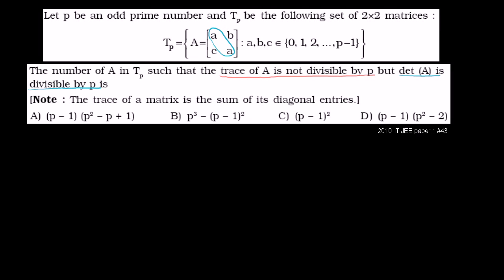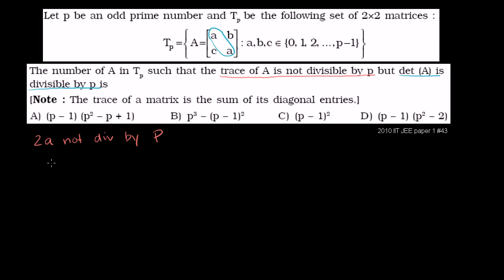So let's use this first piece of information. The trace of A is not divisible by p. So the trace of A is going to be a plus a, or 2a. So 2a is not divisible by p. So let's think of a situation where 2a is divisible by p.